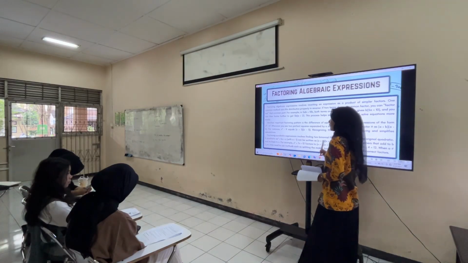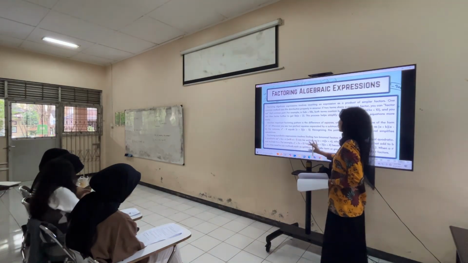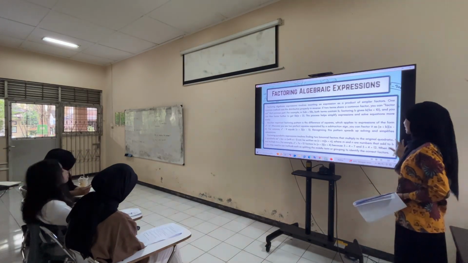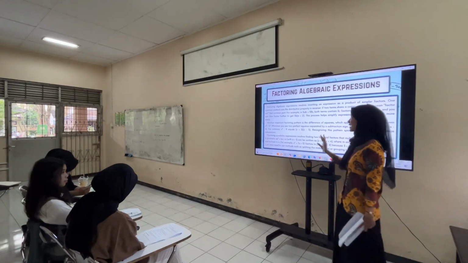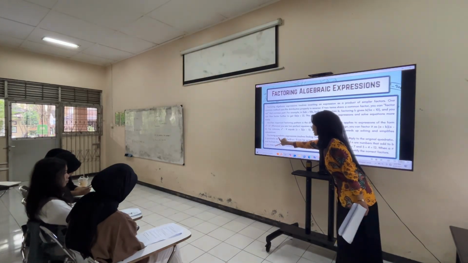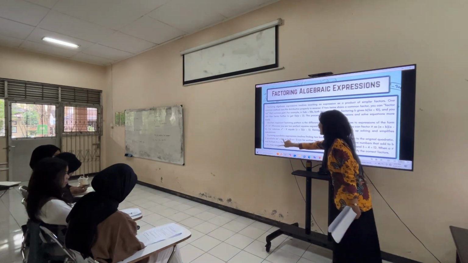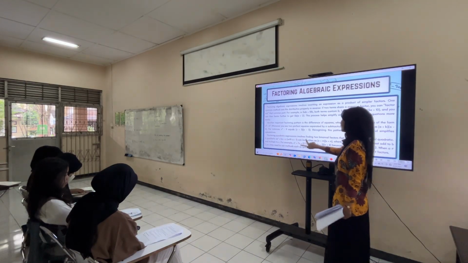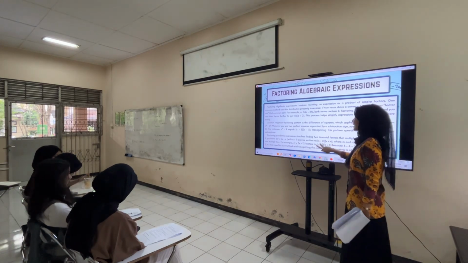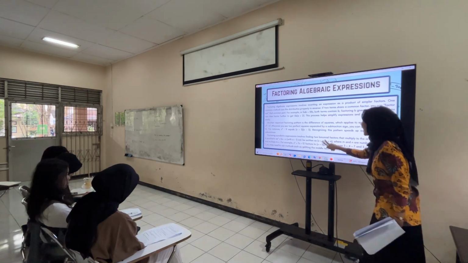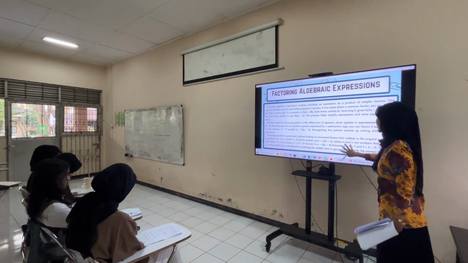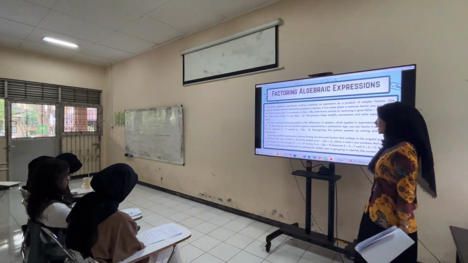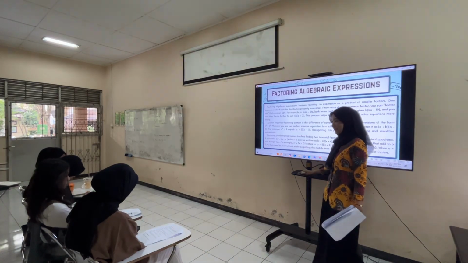And the last is about factoring quadratic expressions, which involves finding two polynomial factors that multiply to the original quadratic. A quadratic ax squared plus bx plus c with a as 1 can be written as (x plus m) and (x plus n), where m and n are numbers that add to b and multiply to c.